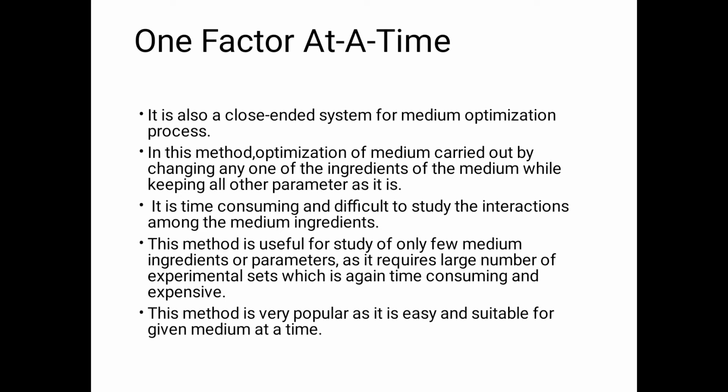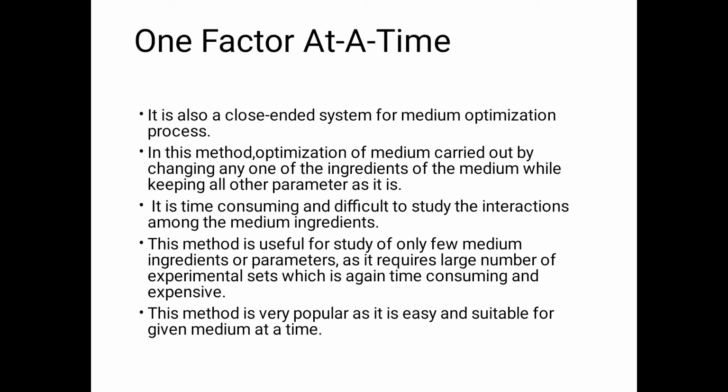So you'll change one ingredient at a time and keep all the other parameters the same. This is also a very time consuming method, because there will be so many ingredients in a media, so each day you are going to change each component, and so it's a lengthy and very time consuming method.